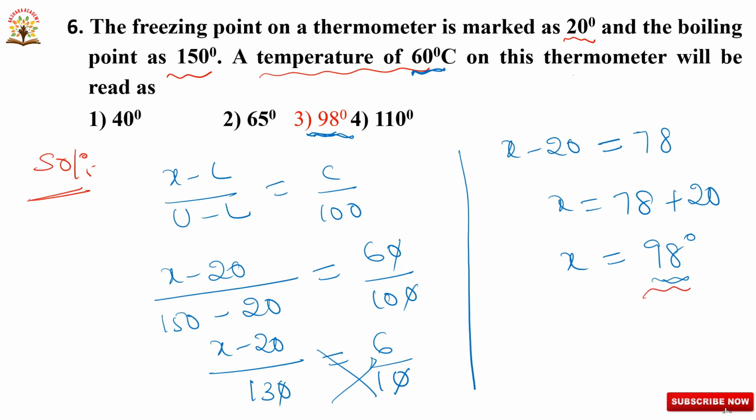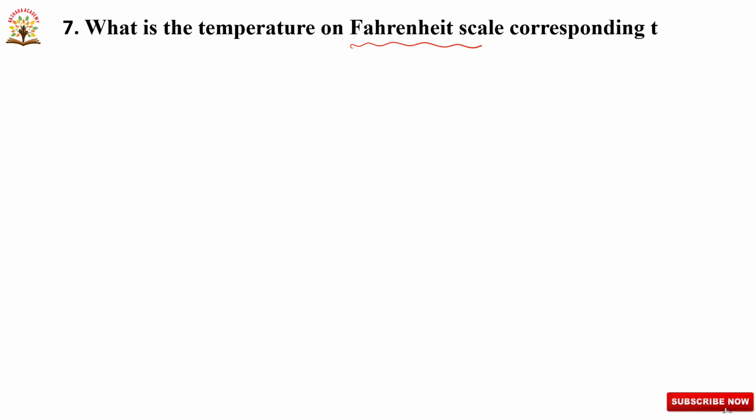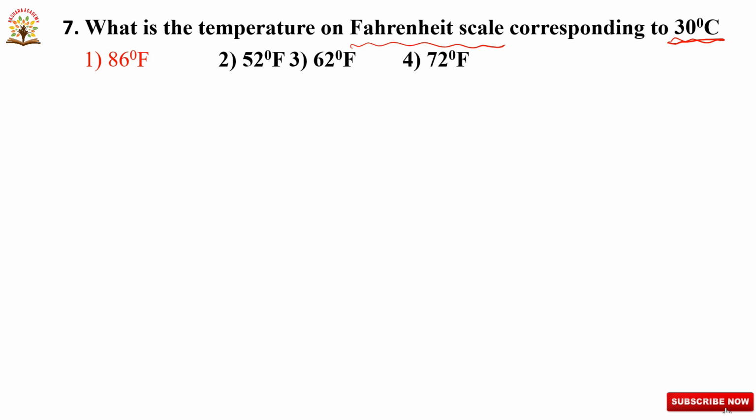Okay. Next we will go to the next question. What is the temperature on the Fahrenheit scale corresponding to 30 degrees centigrade? Here we have to convert 30 degrees centigrade into Fahrenheit degrees. So now let us go to the solution. Here the relation between Celsius and Fahrenheit is C by 5 is equal to (F minus 32) by 9. Here C is given as 30 degrees centigrade.